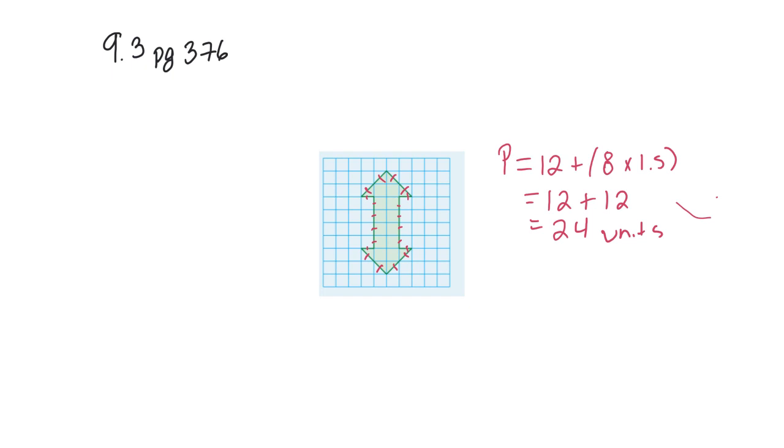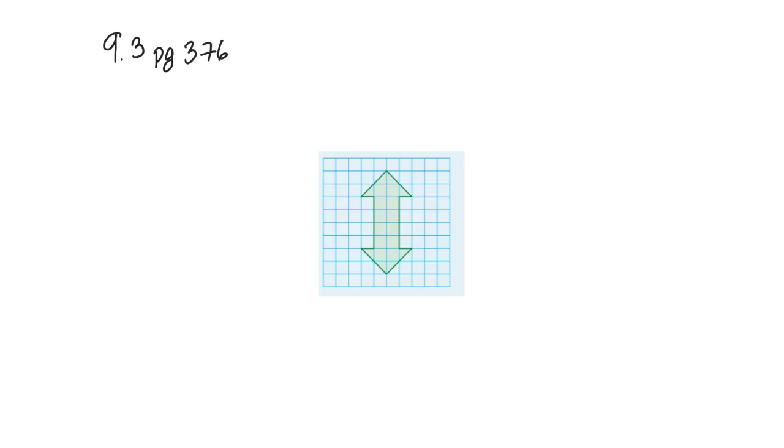Now, what if I want to find the area? So if I want to find the area, remember that's going to be on the inside. So all we have to do is count how many whole squares we have on the inside. 1, 2, 3, 4, 5, 6, 7, 8, 9, 10, 11, 12, right?